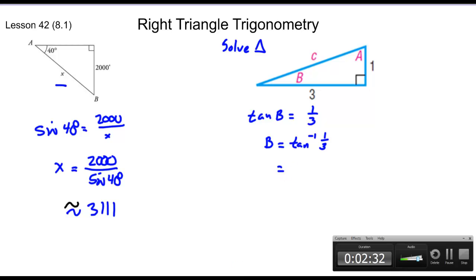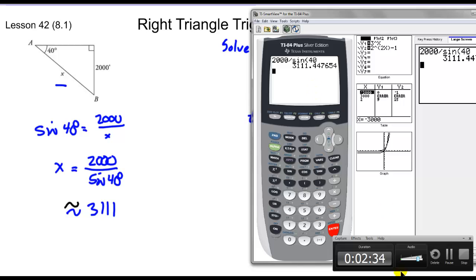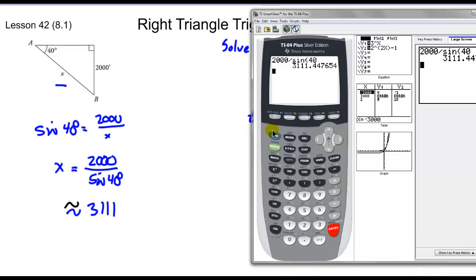So in this case, I'll say the inverse tangent of 1 divided by 3. I'm already set in degree mode, so this will pop out 18.43 degrees.